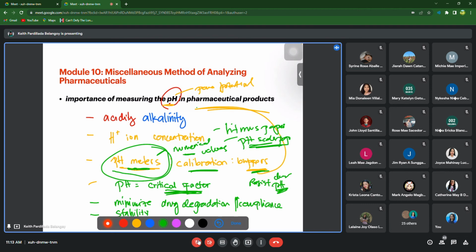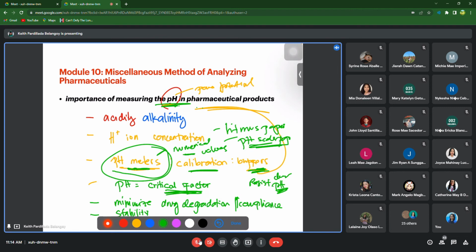Because it's a liquid and it has to enter the body, it has to have buffers to resist changes in pH once it enters the body. But then again, it's not just for solutions. It could also be for your solid dosage forms and semi-solid dosage forms. In all dosage forms you could add buffers, because there's pH in every product. Okay, you follow?